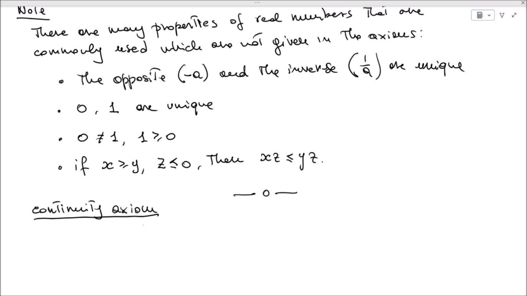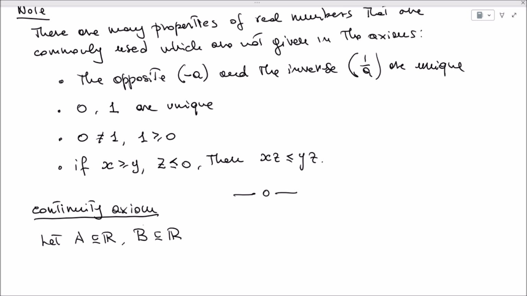Now, in order to introduce the continuity axiom, let me first give a definition. Let A be a subset of the real numbers. Let B be another subset of the real numbers.